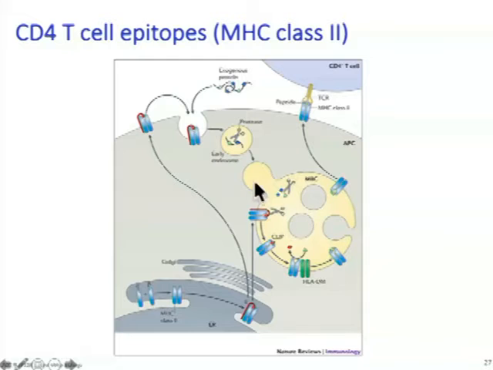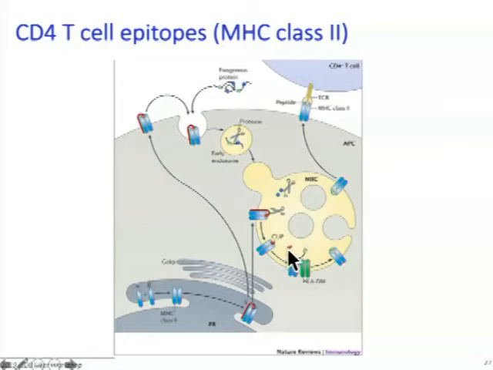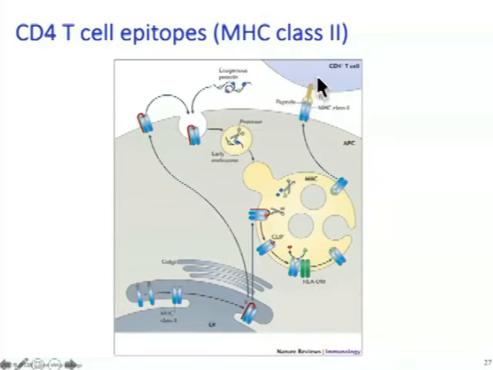Then they are available for binding to MHC class 2 molecules through a somewhat more complicated mechanism, where the MHC class 2 molecules have a CLIP peptide in them when they are made. Then there's an exchange mechanism where new ligands are bound to the MHC class 2 molecules, and they are then presented on the surface of a cell to a CD4 T cell, with the same kind of TCR engagement of MHC class 2 bound ligands.